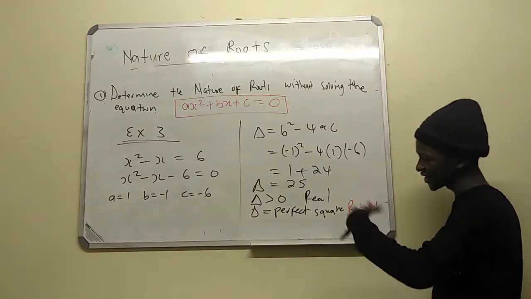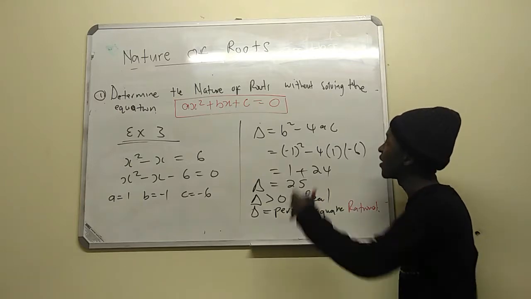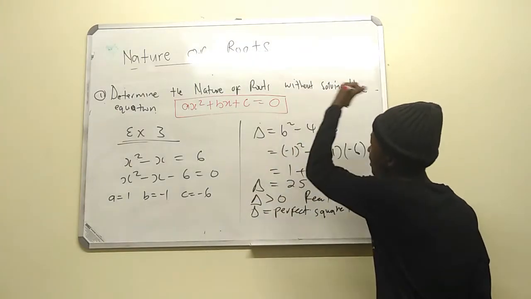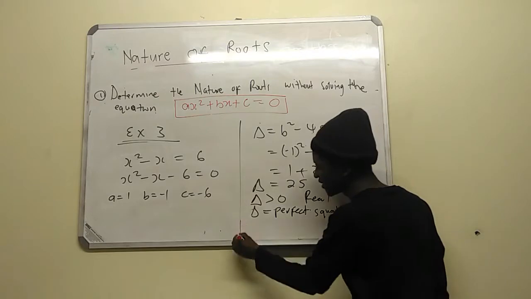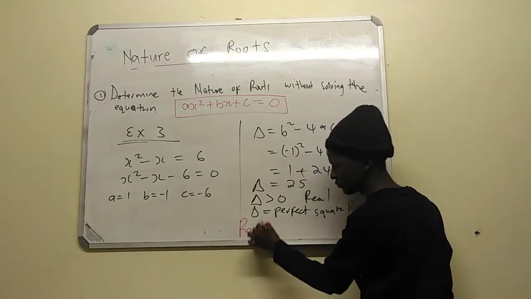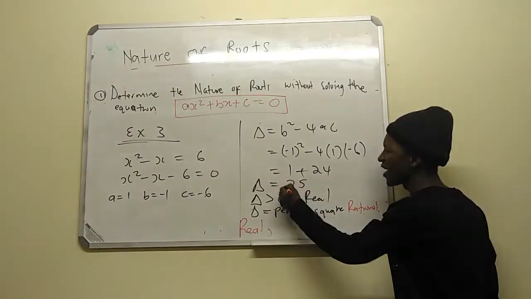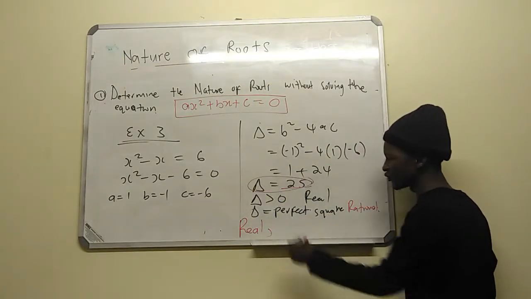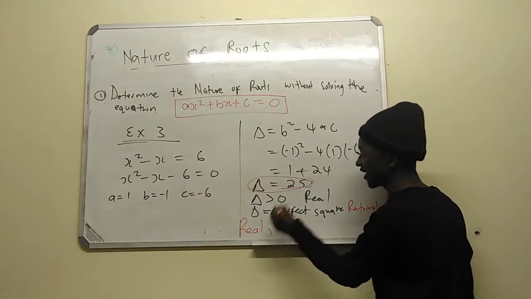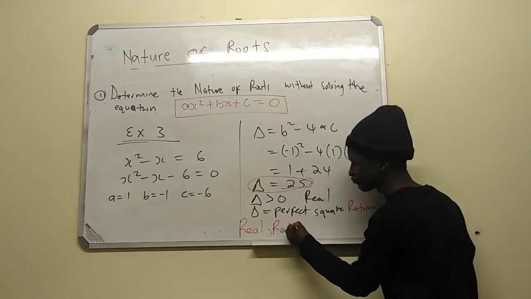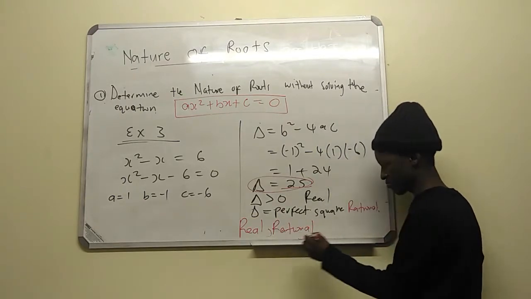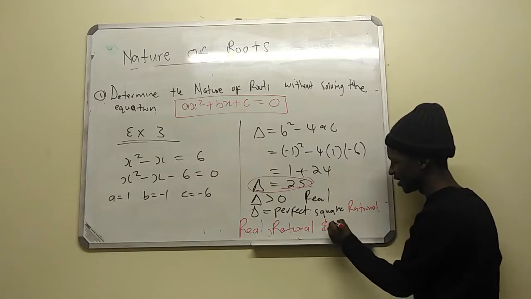So when they ask us to determine the nature of roots, it means the roots of this equation are real, firstly, because delta is greater than 0. Since this 25 is also a perfect square, they are rational. And lastly, they are unequal.